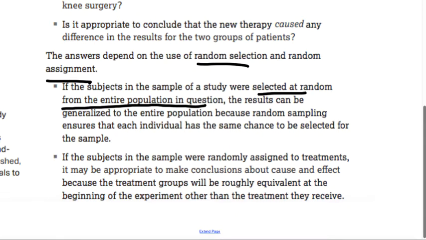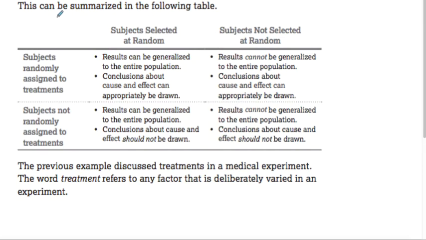Now, at the bottom of the page, it summarized this information in a table. Let's pretend we have subjects and they were selected at random. If they were selected at random and then randomly assigned to the treatments, then results can be generalized to the entire population and conclusions about cause and effect can be drawn, okay?